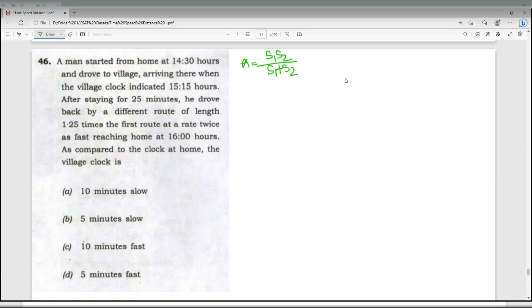But in these shortcut formulas, we are assuming that the distance traveled from A to B and B to A is the same. But in this case, they have changed the distance. They've said that this distance is 1.25 times the first route.